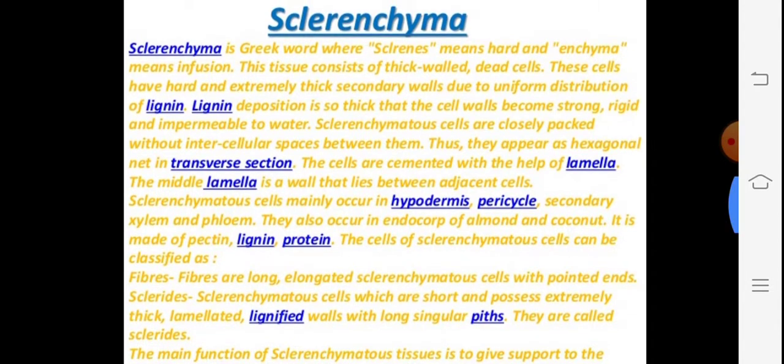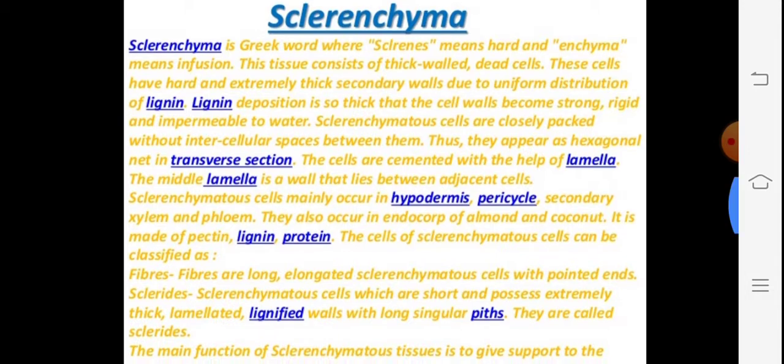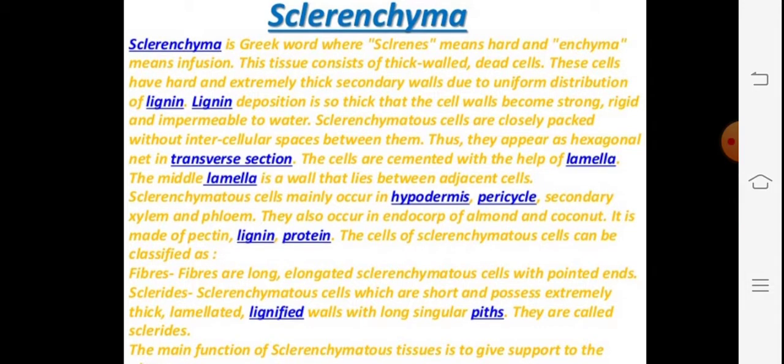So how is the structure? Sclere means hard, and enchyma means infusion. This tissue is a dead tissue, with thick walled cells and lignin content. Due to lignin deposition it becomes strong and rigid, and therefore it is commonly seen below the hypodermis, then in the pericycle.